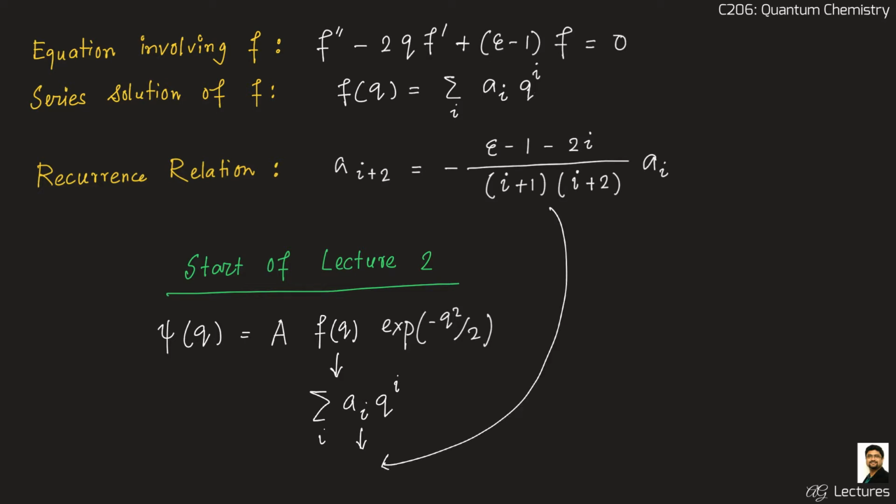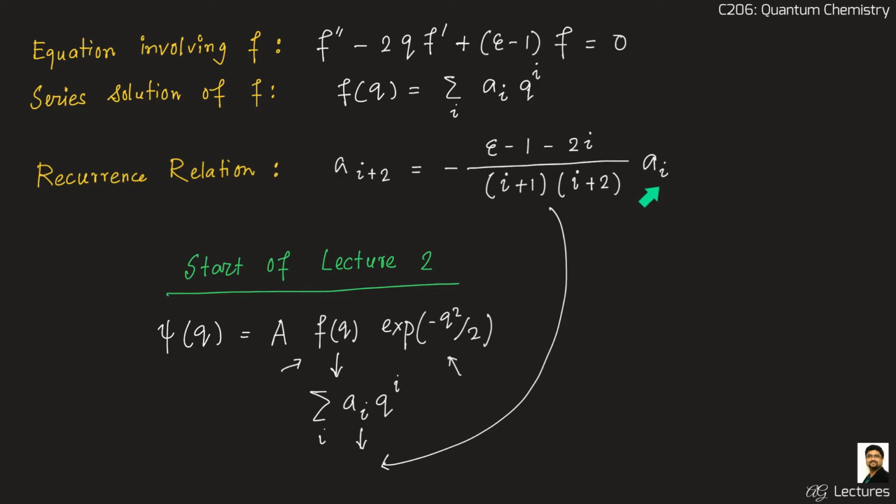Now we need to first check whether this combination of the f and the asymptotic part together gives us a psi that is an acceptable solution or not. The question is how to check that. For checking that, we have to check how this recurrence relation gives us the behavior of two consecutive coefficients when i is very large.